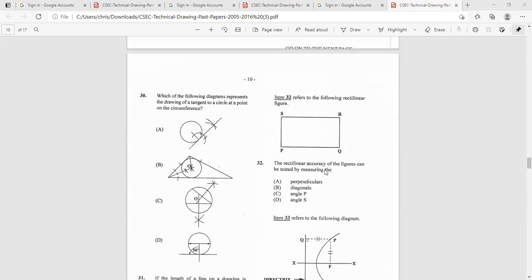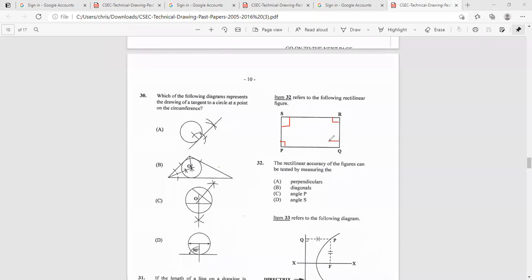The rectilinear accuracy of the figures can be tested by measuring the diagonal. Rectilinear means that it's rectangular. In other words, they're asking you if all the 4 angles are 90 degrees. A rectilinear figure has all its angles at 90 degrees.